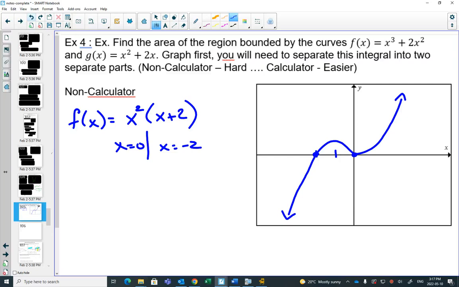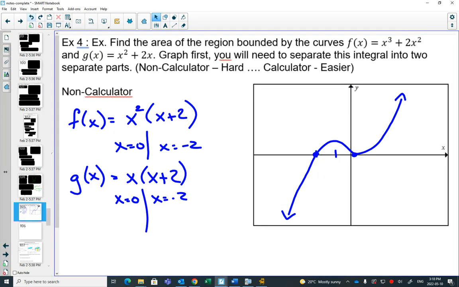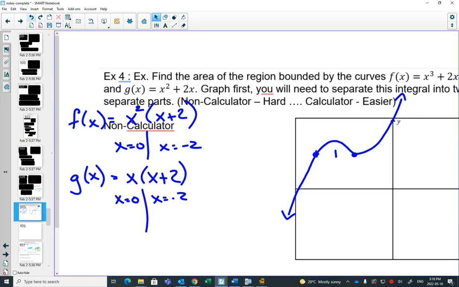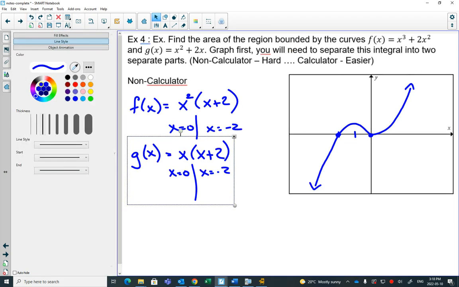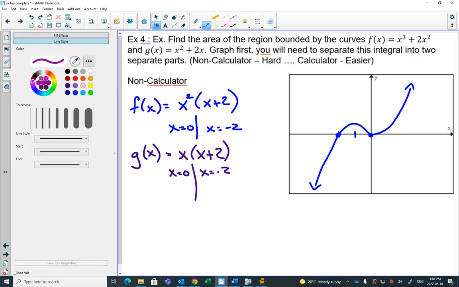For the second graph, g of x, you can factor that one as well. I'm going to draw that one in purple.